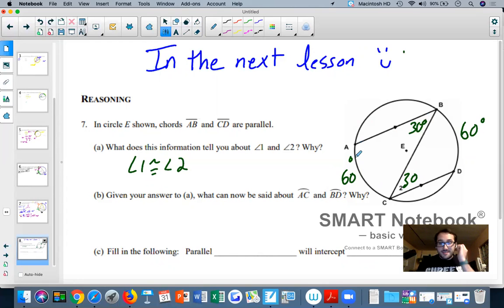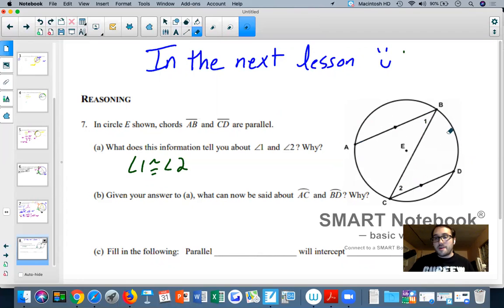So now what do we know about the arcs AC and BD? They're congruent, okay? The same logic applies, right? Remember I said congruent angles intercept congruent arcs in circles.